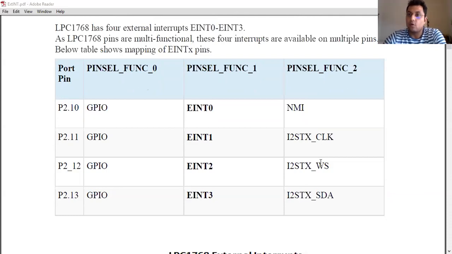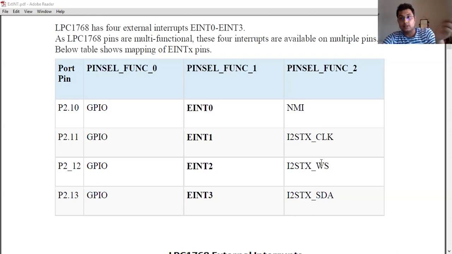If we want to use it as function 0, which pin select register will we use here? Because it is the second port: pin select 0 is for port number 0, pin select 1 is for port 0 pins 16 to 31, and so on. For 2.10 to 2.13, pin select register 4 is needed.